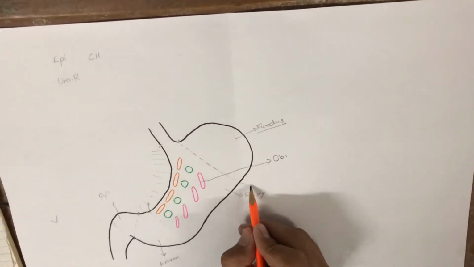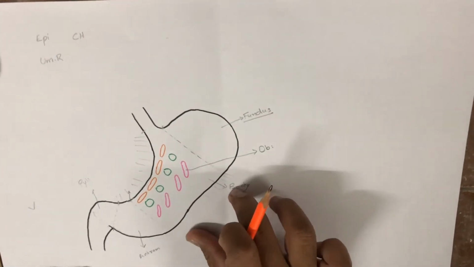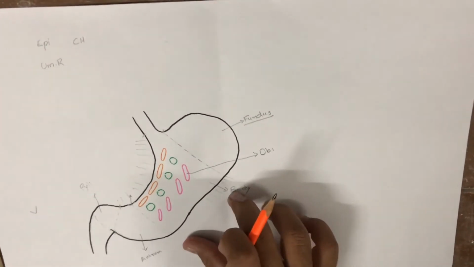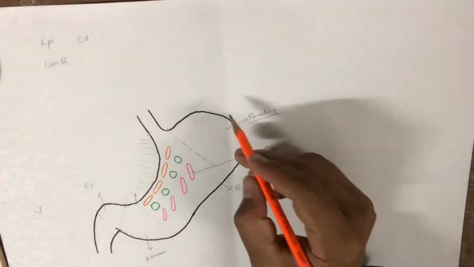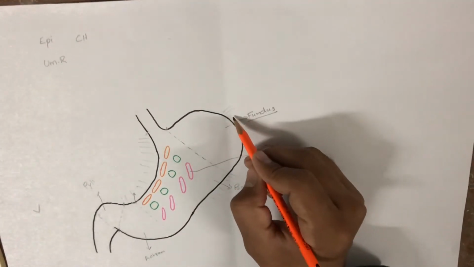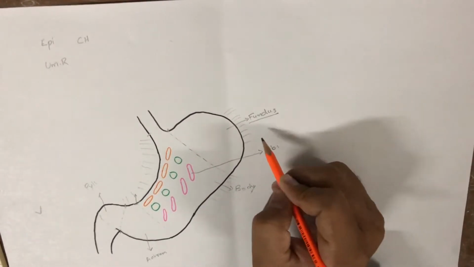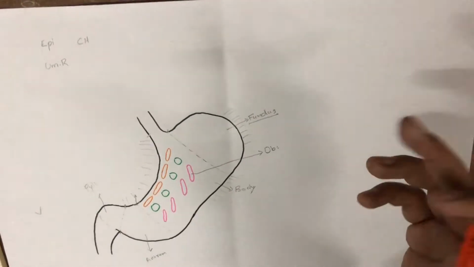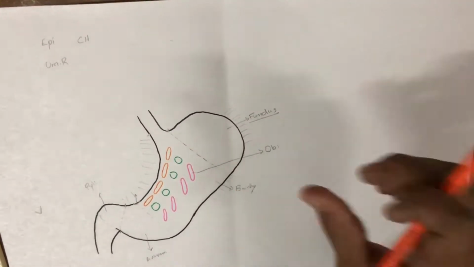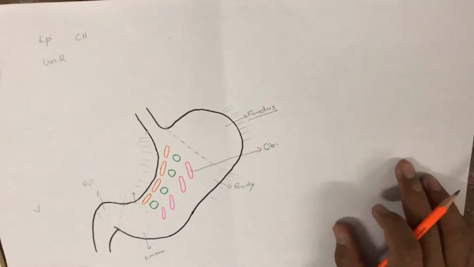The greater omentum starts from the body of the stomach, and it connects the stomach with the transverse colon. And from the fundus of the stomach, we find a ligament or omentum, which is called the gastro-splenic omentum or ligament, which connects the fundus of the stomach to the spleen.